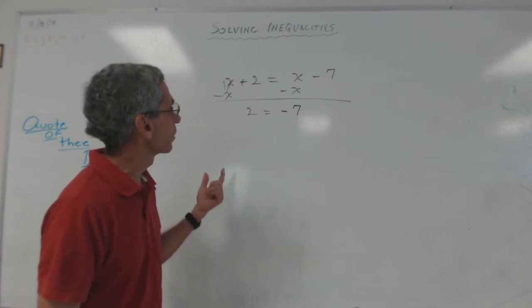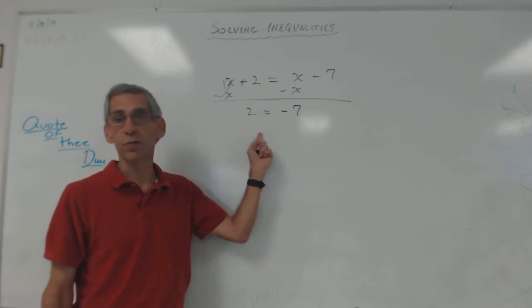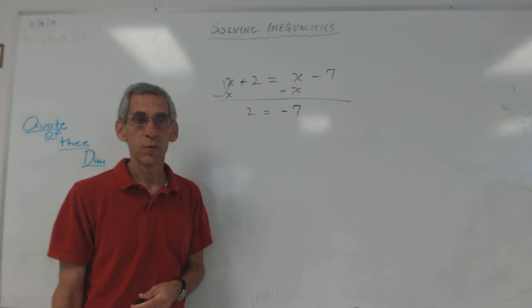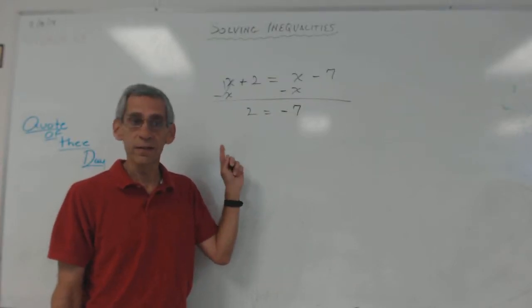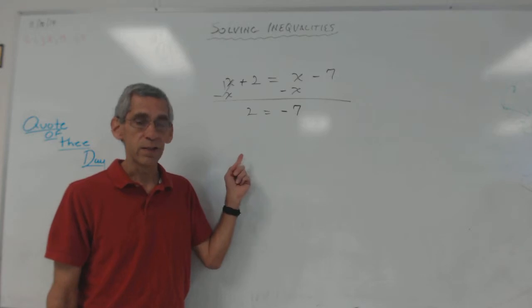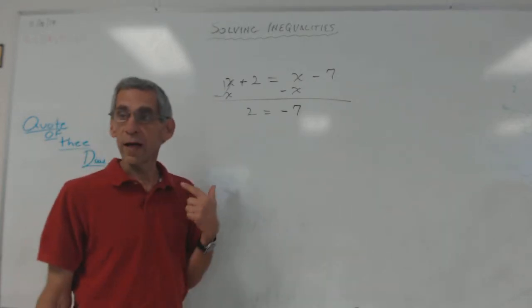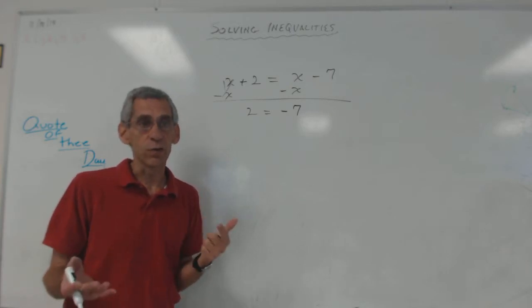Okay, let me ask you a question. Is there any value of x that would make this true? No. This is not true. This is actually a false equation. There are times when equations can't be solved and they are not true equations.